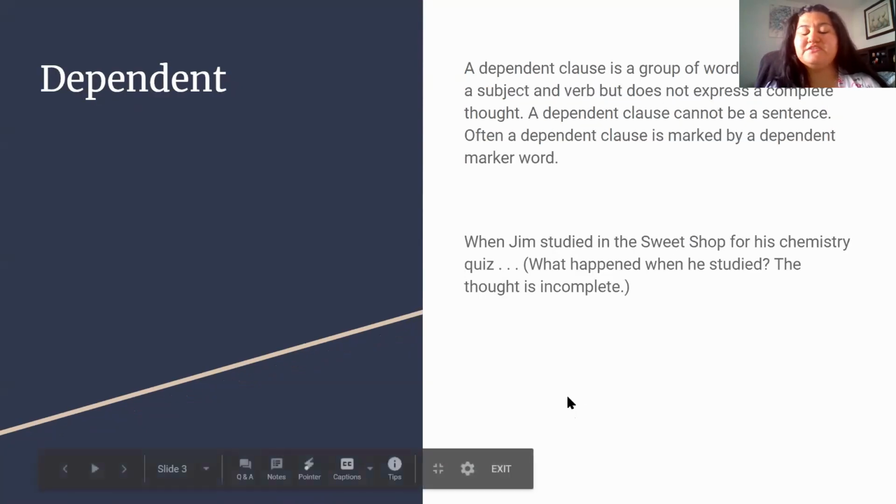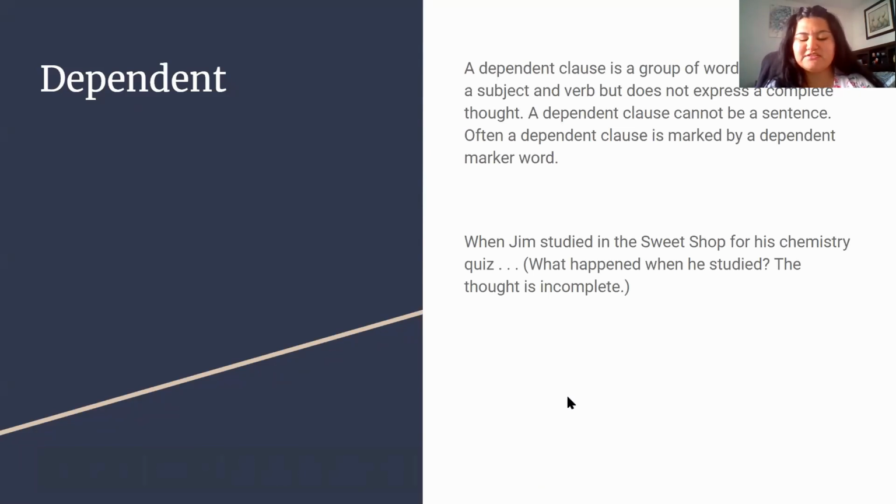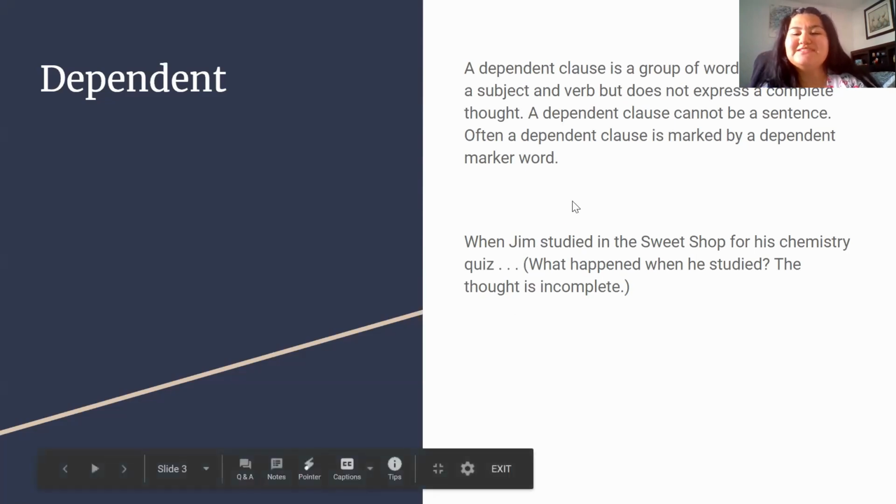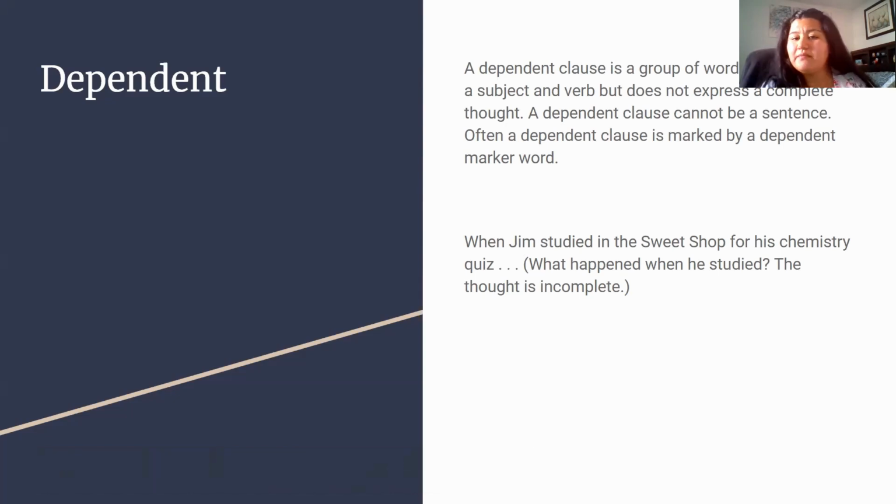Next, we have dependent. Like I said before, a dependent clause is not a finished thought. It's dependent on more information. Think of it like a baby, they need help. A dependent clause is a group of words that contains a subject and a verb, but does not express a complete thought. A dependent clause cannot be a sentence.